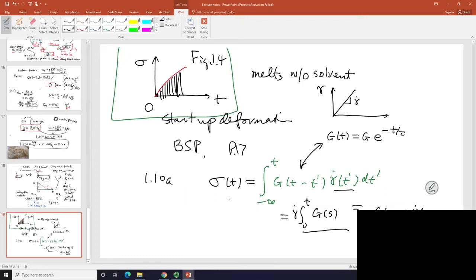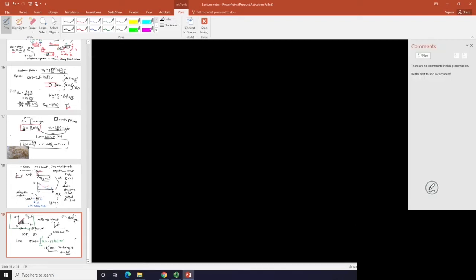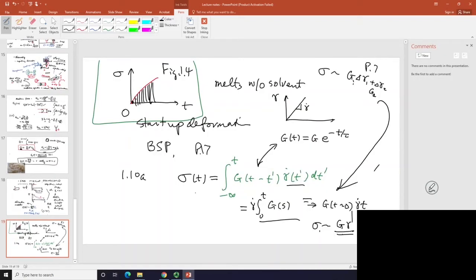Well, if you go back to my book, it basically says it comes from assuming that the stress will be elastic-like. There's a discussion on page 7. I'm not going into it at all, but basically it adds up as you have more and more, so eventually you get an integration of it. So that is very unsatisfying.